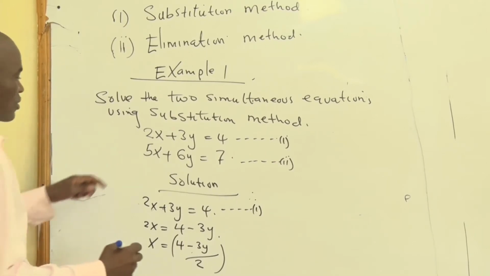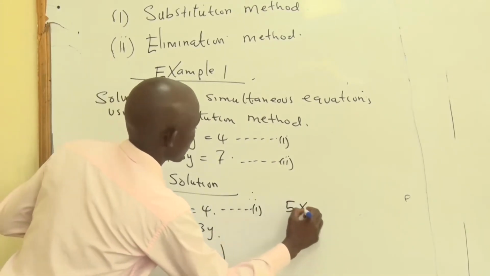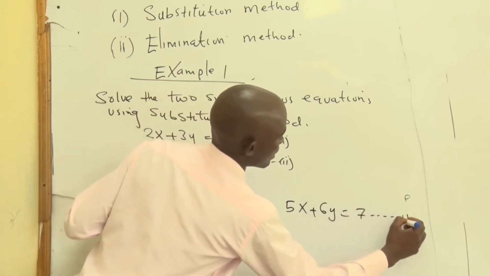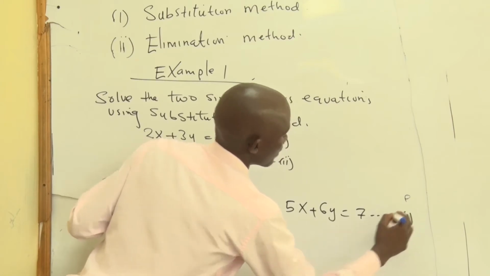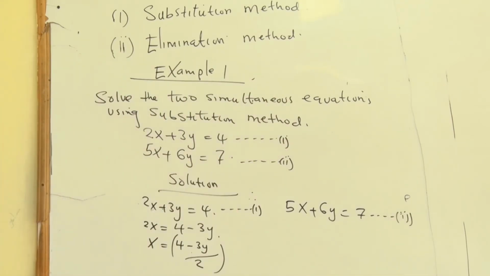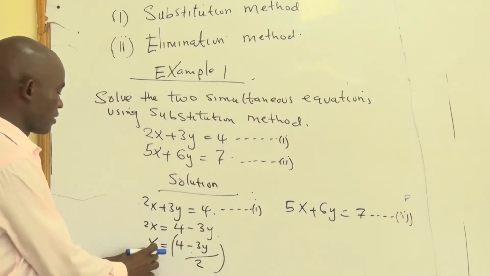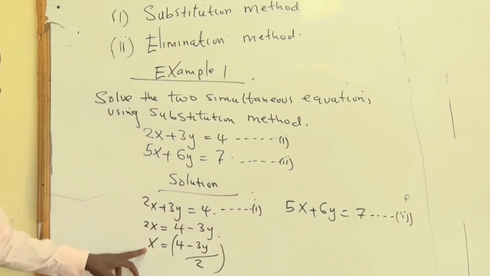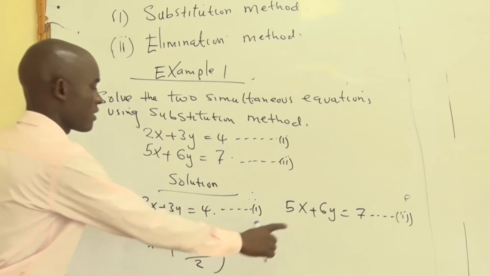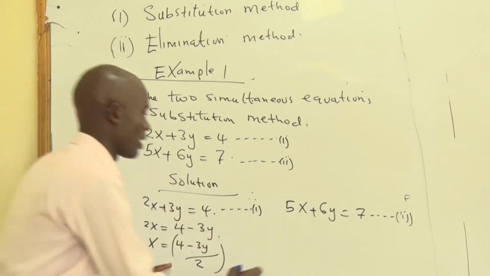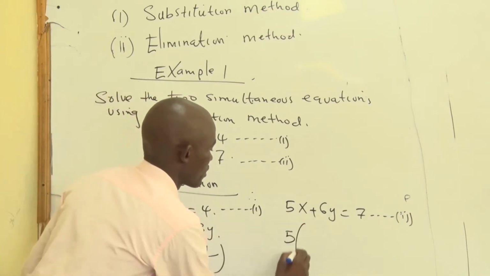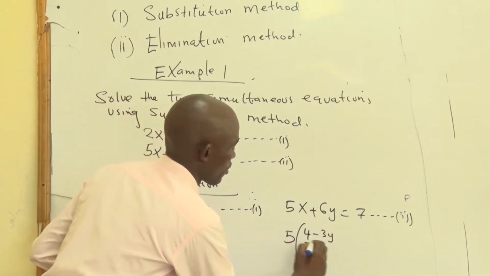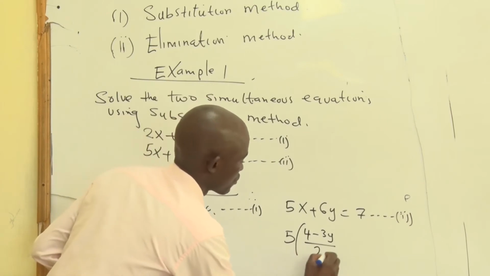My second equation reads 5x plus 6y is equal to 7. This is my second equation. So I need to replace this value of x in it. Where I have x, I will write this value. So I will have 5 into 4 minus 3y all over 2.